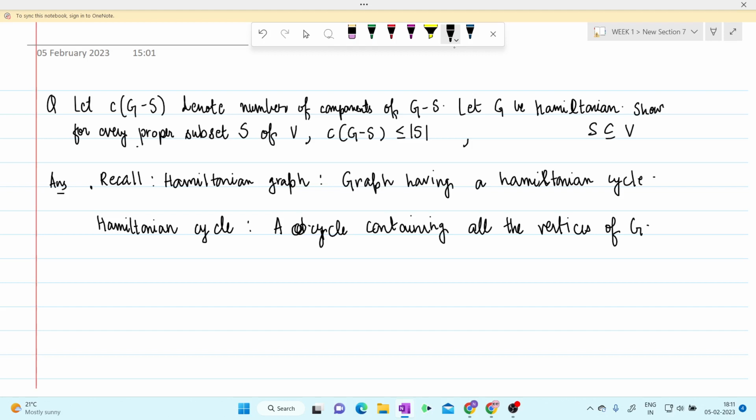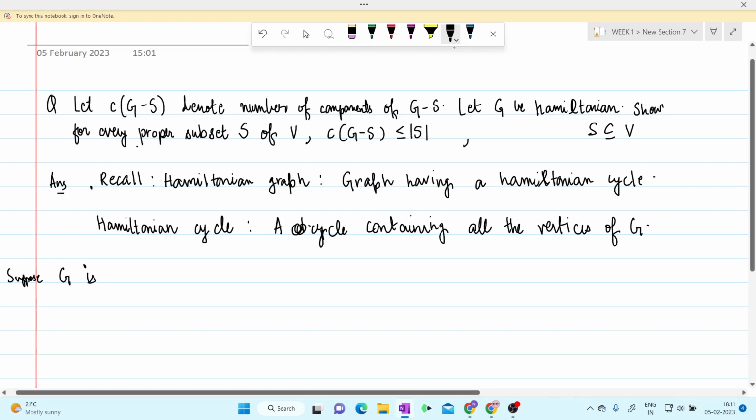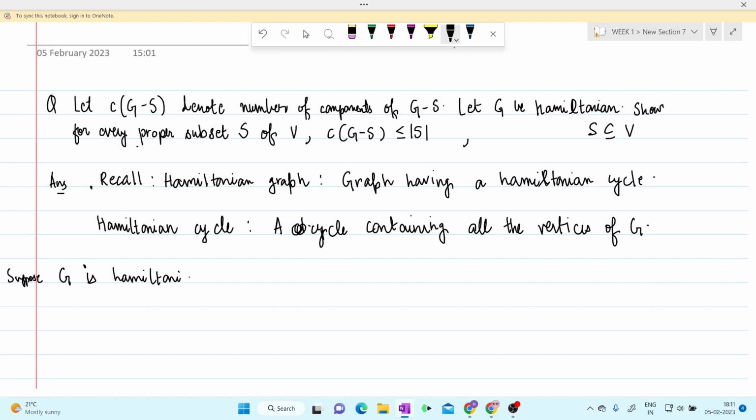So let's try it for some set. Suppose G is Hamiltonian, so that means we have a Hamiltonian cycle. Say this G has n vertices. We'll be having some cycle.